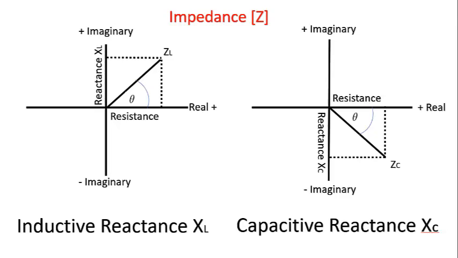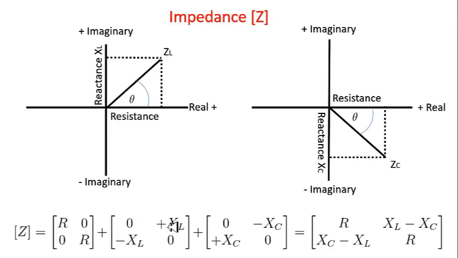And the equation that I derived using modified complex numbers, combining both the inductive component and the capacitive component, looks like this. And so this would be a circuit that contains a resistor, a capacitor, and an inductor.